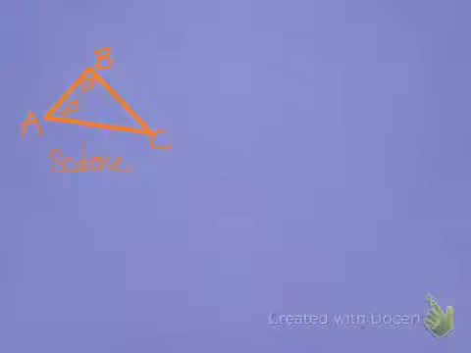Now we'll talk about scalene triangles and isosceles triangles. A scalene triangle has all three angles different, and therefore all three sides are different. An isosceles triangle has exactly two sides that are the same and exactly two angles that are the same. And again, the angle always matches the opposite side.